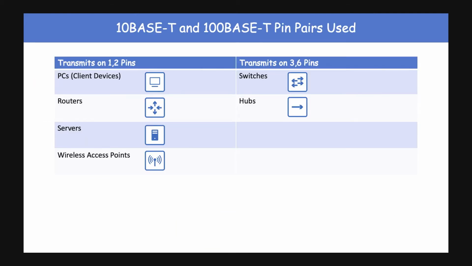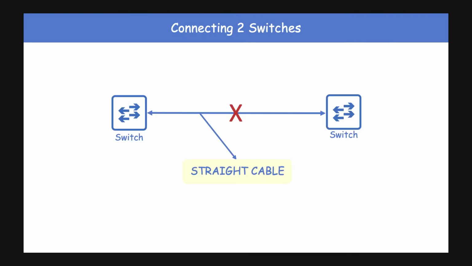This table shows which device uses which pin pair to transmit data. Devices on the left, PCs, routers, wireless access points, transmit on pin 1 and 2, and switches and hubs transmit on pin 3 and 6. In modern switches, a wrong cable, that is, a straight cable used to connect to another switch, will still result in a connection between both.